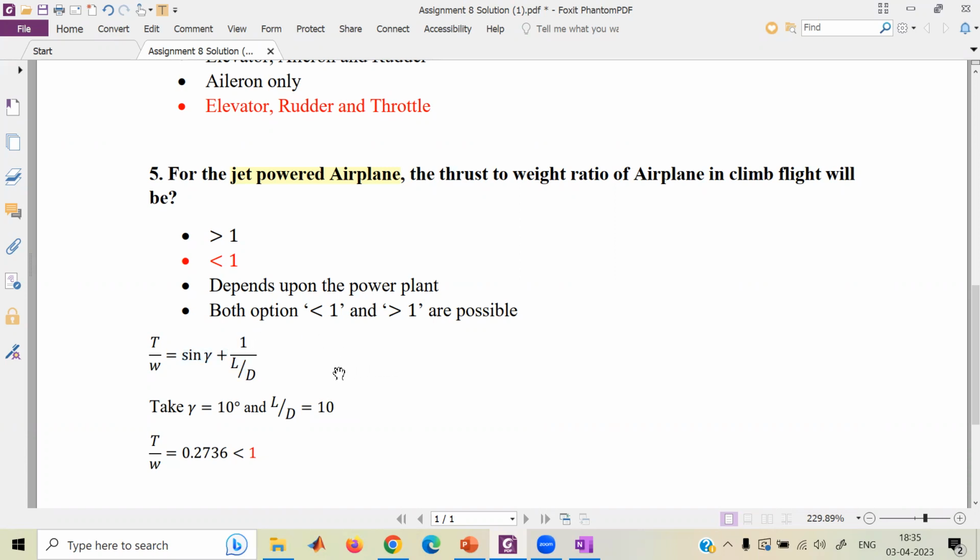For fighters, this L by D should be around 10, maybe more, but let's take 10. Then this number is only 10%, so this number has to be 90% or more, right? So sine gamma, only when gamma is close to 90, that is, when we are almost nearly taking a vertical takeoff.